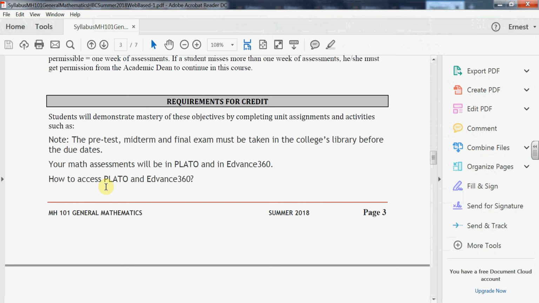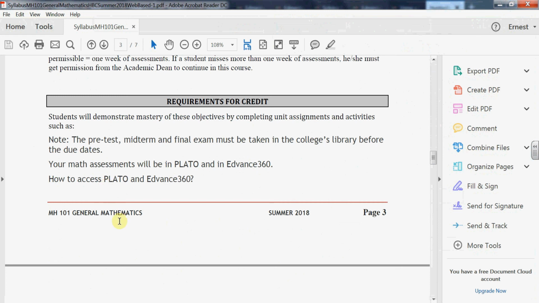Those three must be taken on campus. You can go whatever time is convenient for you, but be mindful of the times of the college. I will make sure that I put the times when the college is open in the syllabus so that you'll know when the college will be open for business.